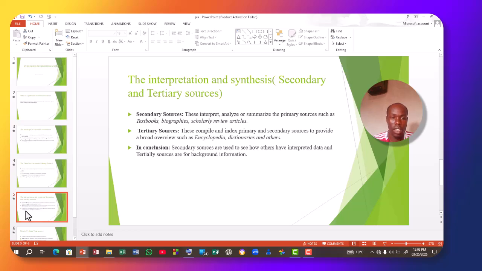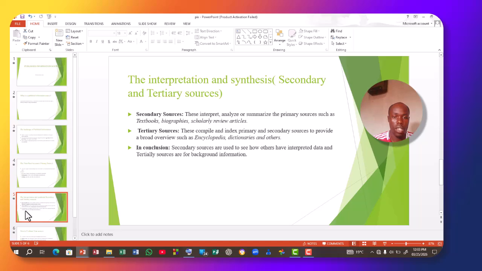If you see a secondary source, it summarizes the primary source. We can find this in textbooks. Then a tertiary source compiles primary and secondary sources. This means the information in the primary source will be combined with that of the secondary source to form a tertiary source of information.